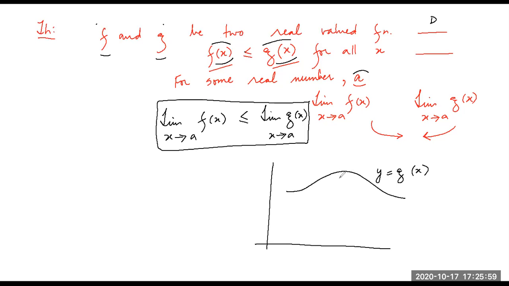So for g of x, obviously the curve would come up, and the curve of f of x will come down. So this is the value of x, which is equal to a.